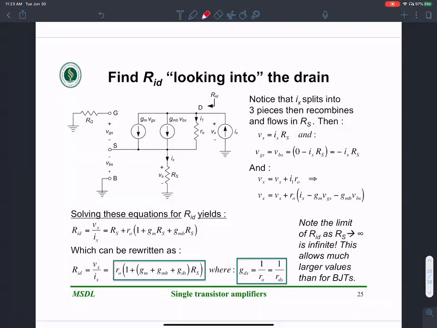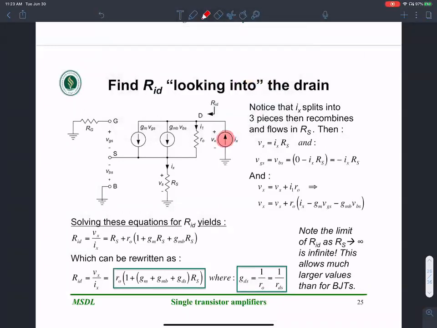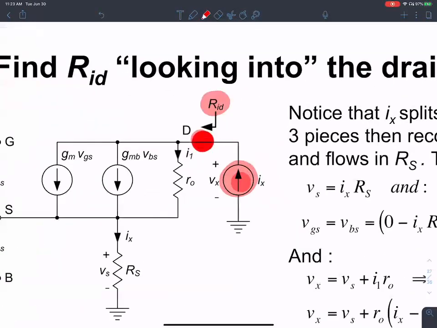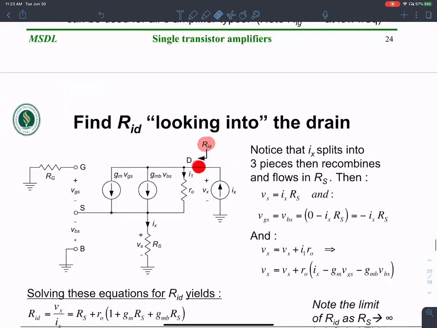All you have to do is use the familiar V test, I test method. When I'm interested in calculating this resistance, I apply a test voltage, or a test current, and divide V test by I test, or Vx by Ix.